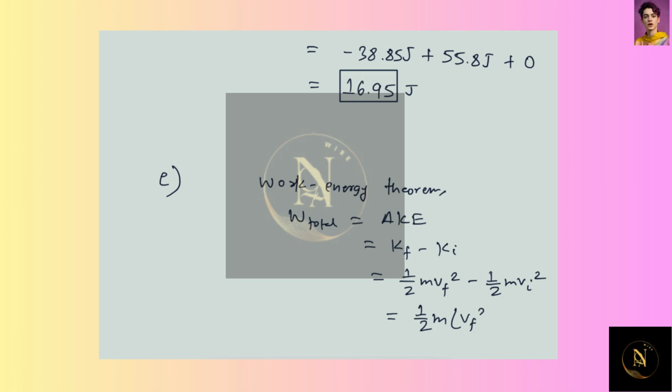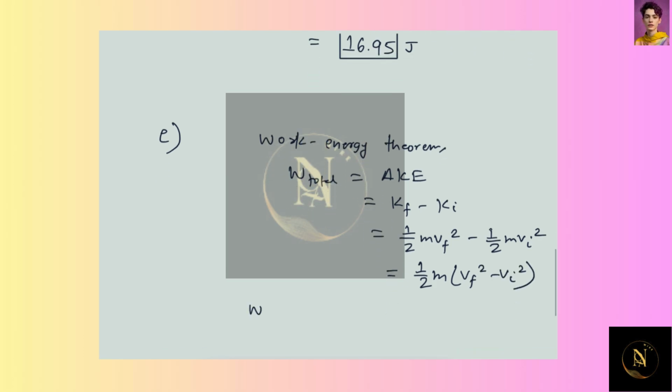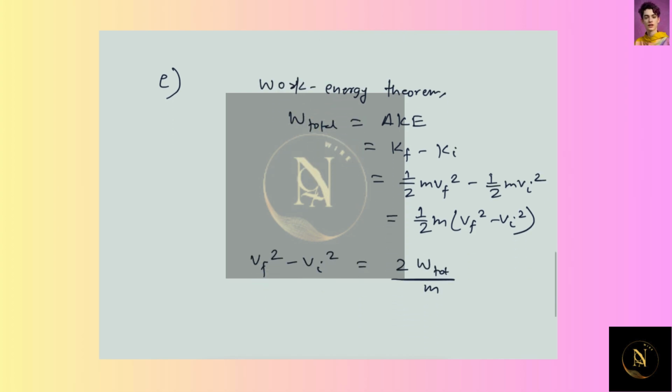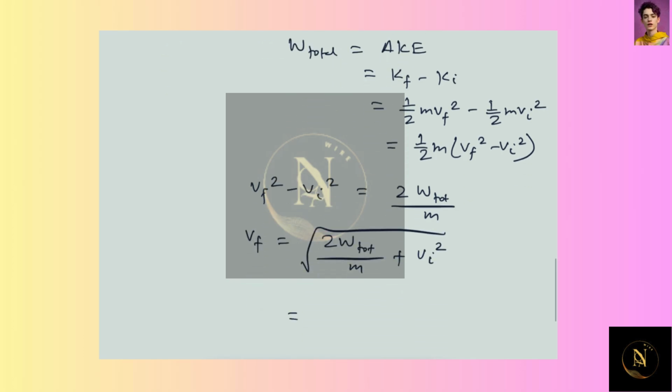This can be written as half m times (vf squared minus vi squared), which means vf squared minus vi squared equals two times total work upon mass m. So the final speed is equal to the square root of 2 times total work upon mass m plus vi squared.